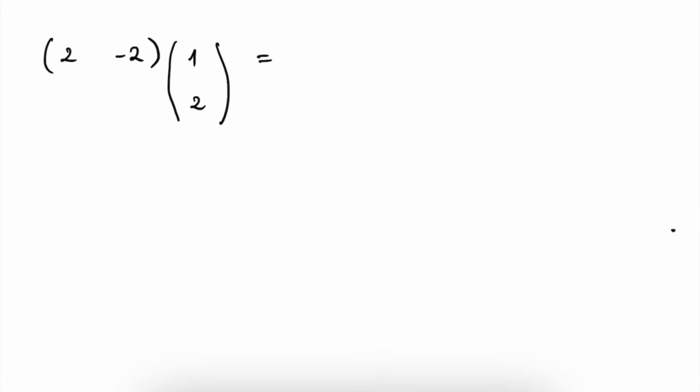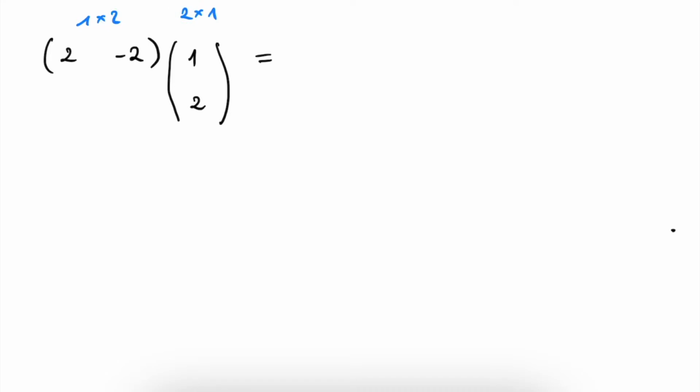In the first case, we have one row and two columns, which means that this is a 1 times 2 matrix. In the second one, we have two rows and only one column, which means that we have a 2 times 1 matrix. So let's see whether we can do this multiplication. We have a 2 here and a 2 here, so the inner numbers are equal, which means that we indeed can do this multiplication.